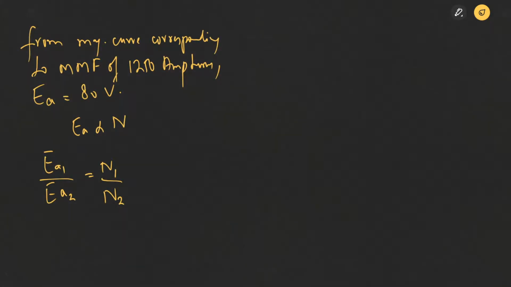So EA1 is 246 volts, EA2 is 80 volts, N1 is 1200 RPM, and N2 is what we need to find out.